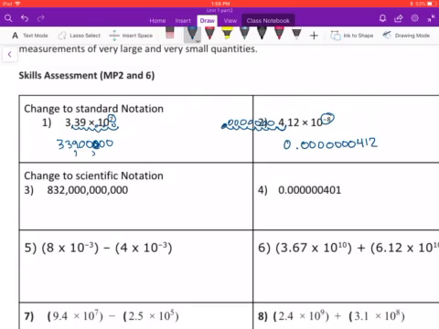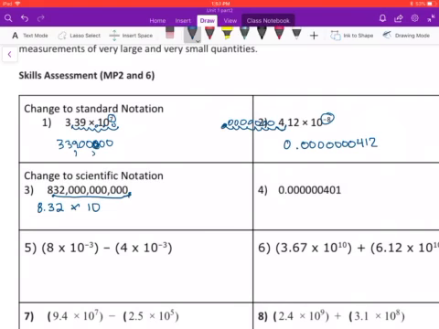Change to scientific notation. Well, scientific notation is written as the product of two numbers. The first number is between 1 and 10, so that would be 8.32. The second number is a power of 10. Well, I need to move this decimal all the way here. I need to move it all the way there, and that's where it started.